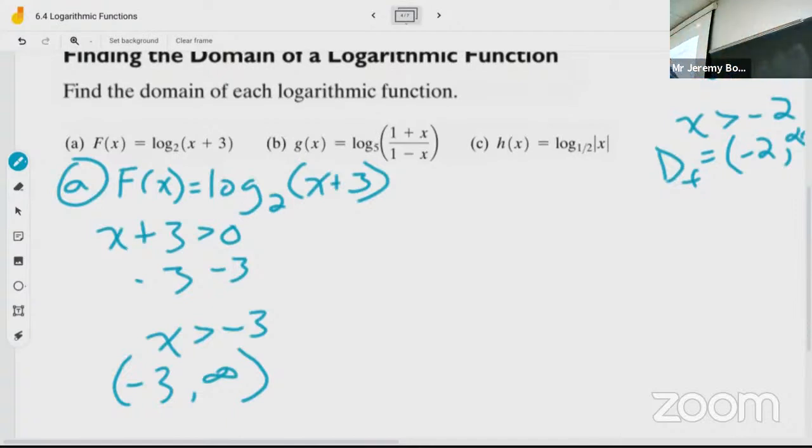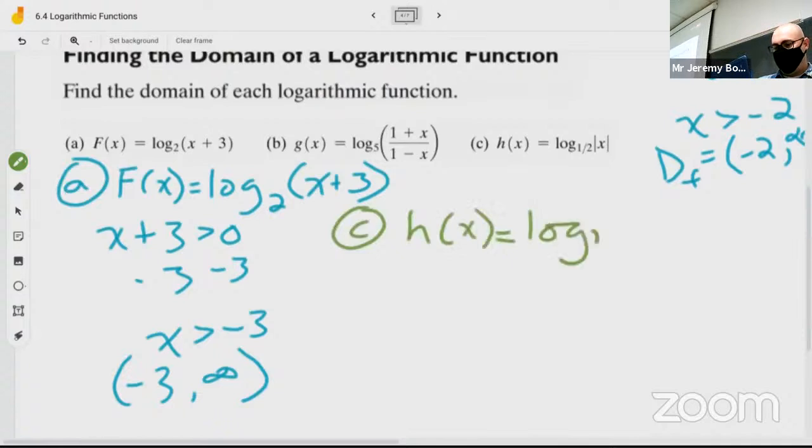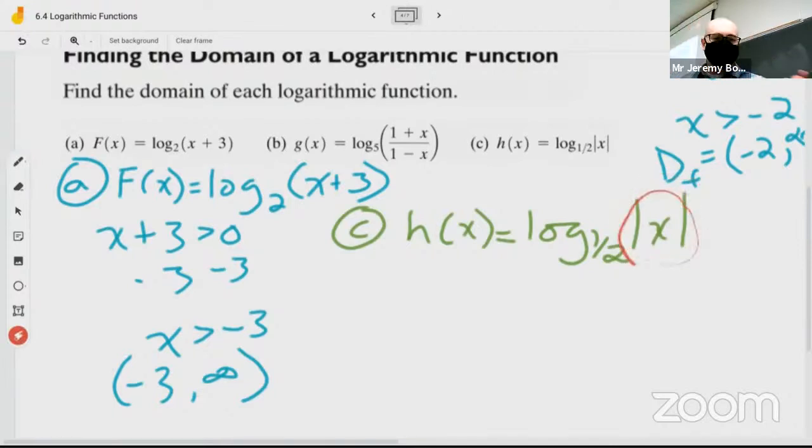Let's do C next, because B's a little tough. So for C, I have h of x equal to log base 1/2 of the absolute value of x. Now, what we said is that whatever you're taking the log of, so in this case, the absolute value of x, needs to be greater than 0.